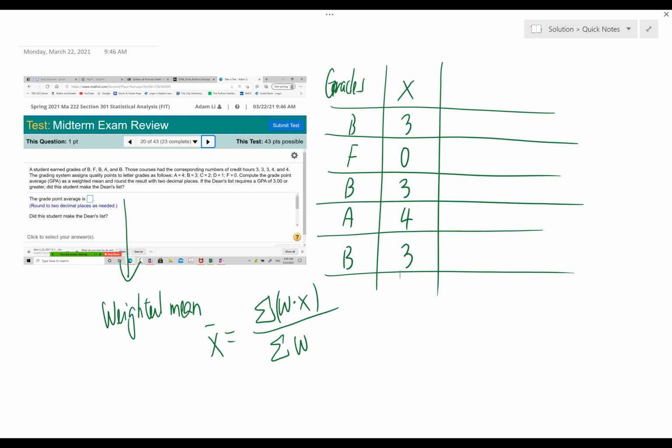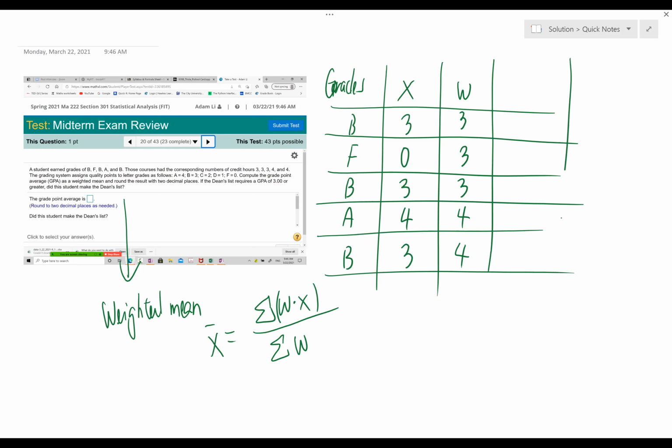Very similar idea compared to this. For any school, they use the same system to calculate the GPA. And W here is the number of credits. The first course is 3 credits, second 3 credits, third 3 credits, 4 credits for the fourth course, and 4 credits for the last course.